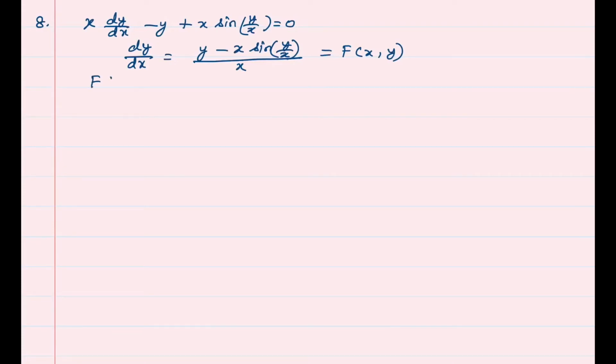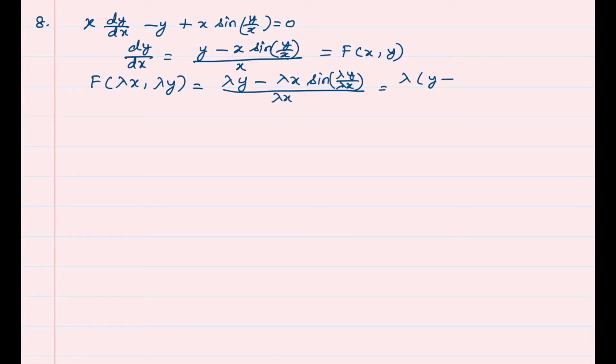Let us find f of lambda x, lambda y. Lambda y minus lambda x times sine of lambda y upon lambda x, divided by lambda x. Lambda is common. y minus x sine y by x divided by lambda x.